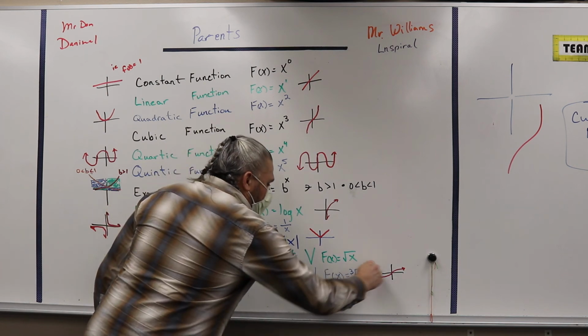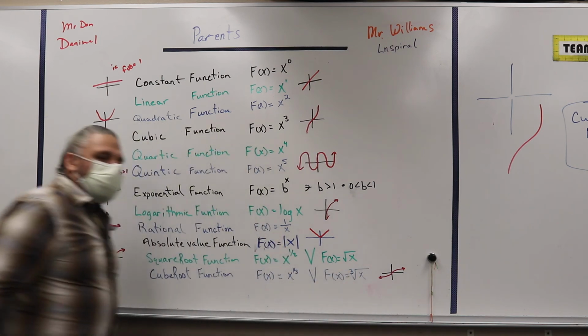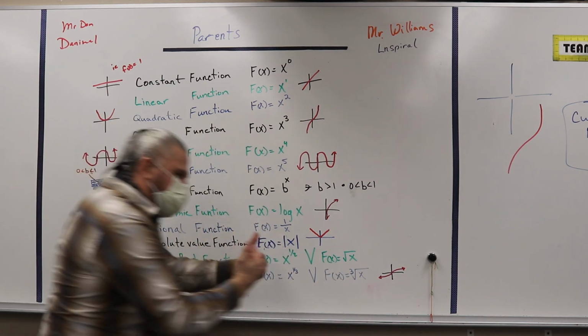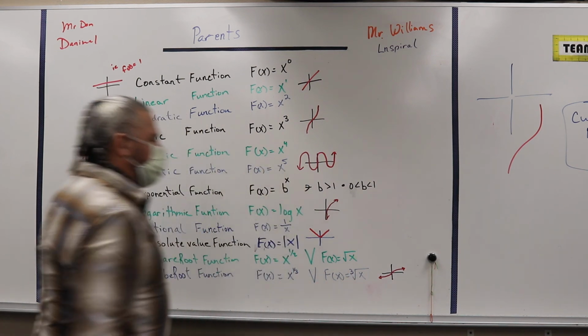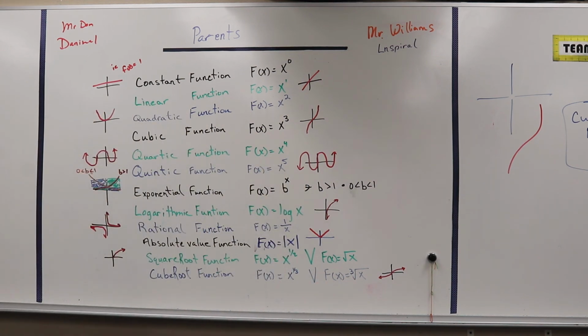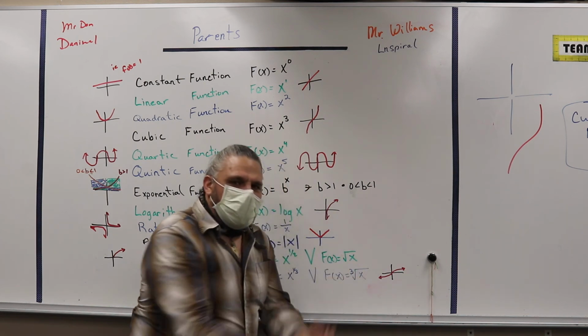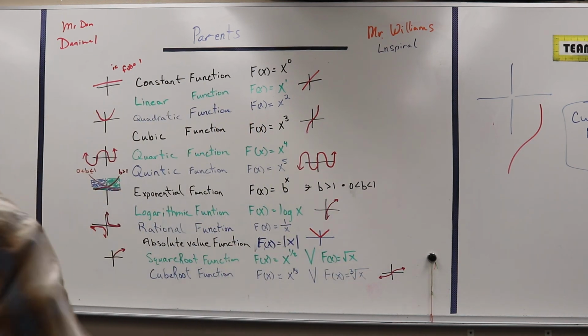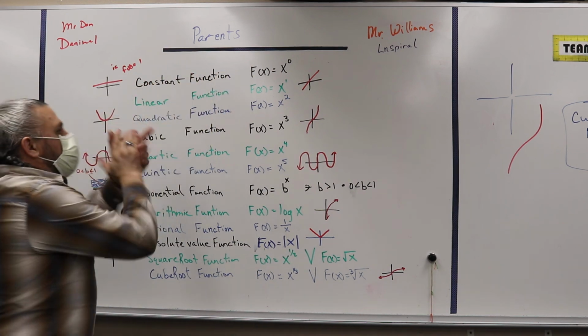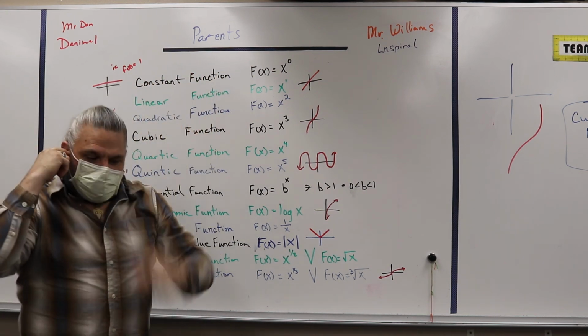Or the radical with the 3 in it. The 3 is not in front of it, it's in the little v part at the beginning of that radical, okay? So, parent functions, there we go, all right?